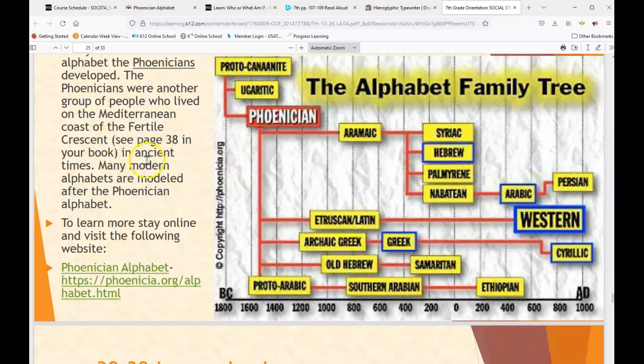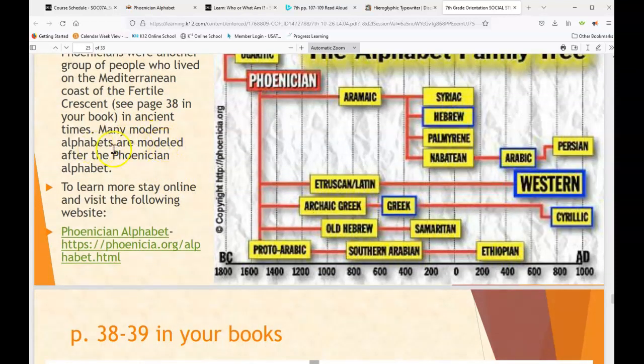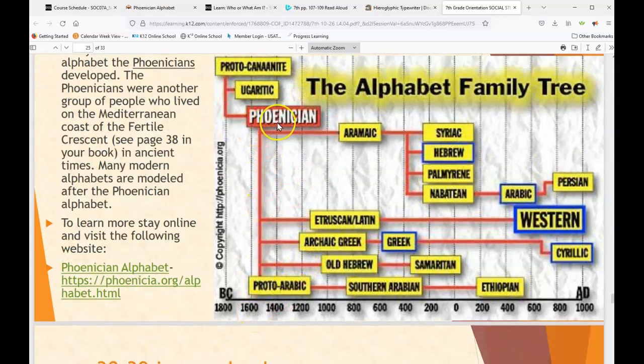See page 38 in your book. In ancient times, many modern alphabets were modeled after the Phoenician alphabet. So the Phoenicians, look at what time, 1600 BC. We're still BC, so it's 2,000 years to the time of 0, and then another 1,600. The Greeks weren't until here.